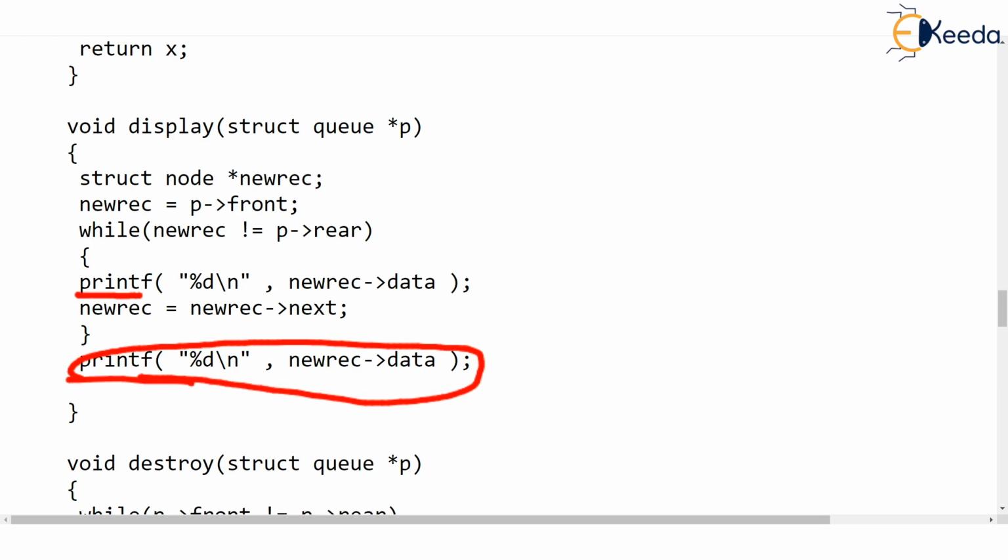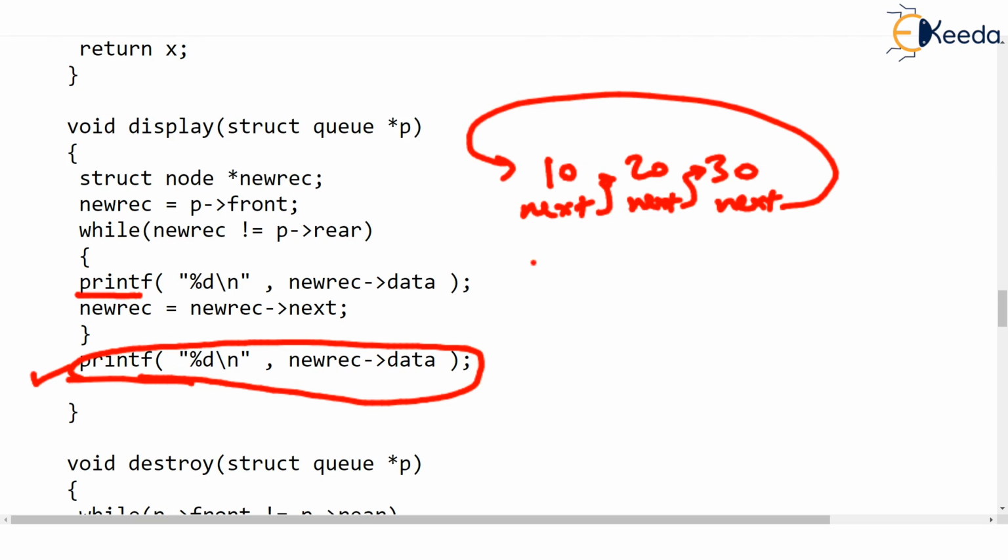It will be a good challenge for the readers or the listeners or the students to know how this functions by taking a simple example, 10, 20, 30, you can take on paper where next points to 20, next points to 30 and next of 30 points back to 10, with front pointing at 10 and rear pointing at 30. You can execute this code and understand.